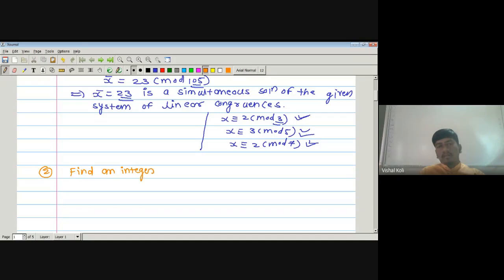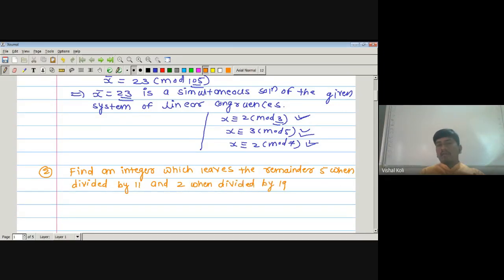Find an integer which leaves the remainder 5 when divided by 11 and 2 when divided by 19.